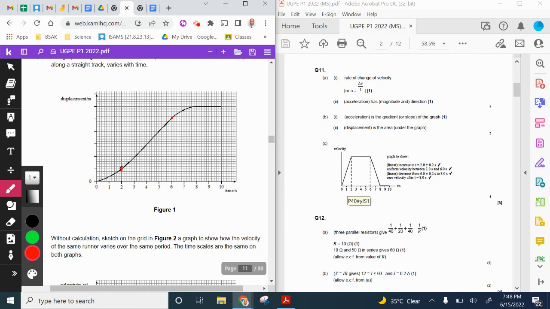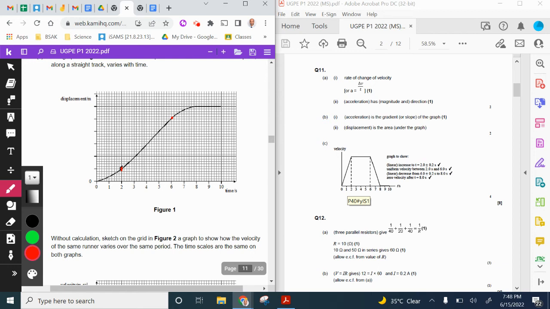So it's a constant increase. We don't, but we can make an assumption that it's a constant acceleration. So starting off from 0 to some maximum, the speed increases. So for 0 to 2 seconds, we know that the speed is increasing as the gradient increases.